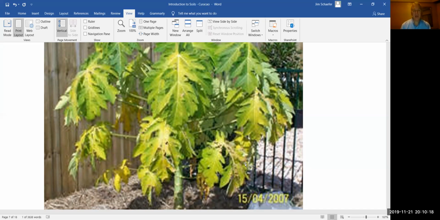So all nutrient losses will tend to produce certain degrees of chlorosis of the leaf.